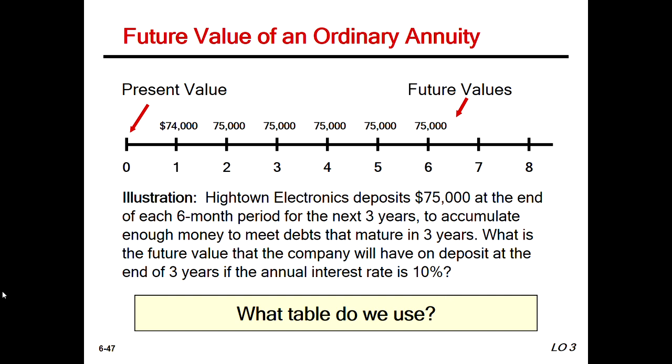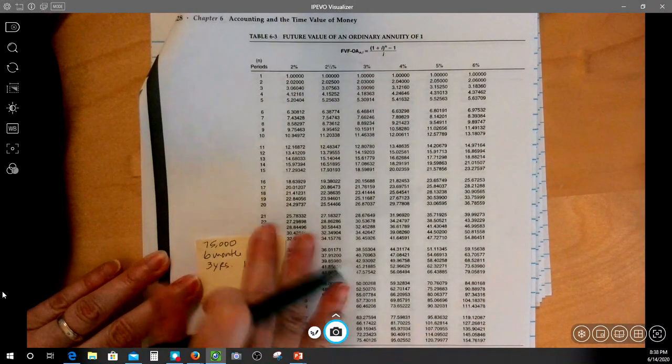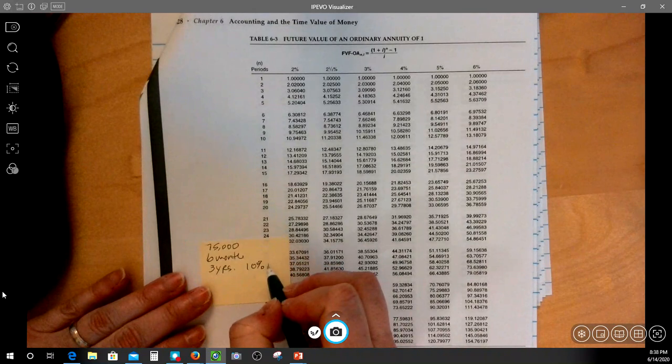So let's take a look at what we got. I wrote those basics down: $75,000, every 6 months, over 3 years, 10% annual.